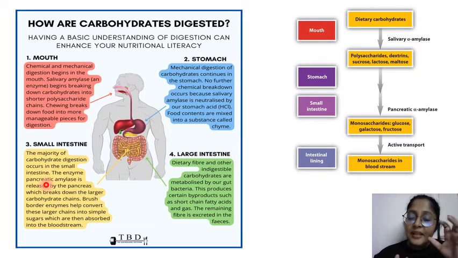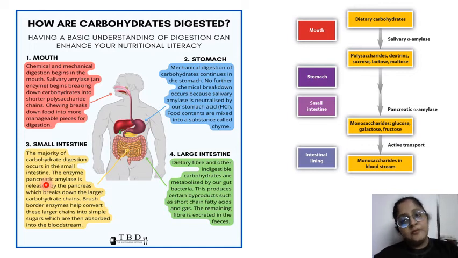So what happens, they produce certain byproducts, such as short chain fatty acids, and also some gases, and the remaining fiber, which is not digested by the large intestine's bacteria, is excreted as the feces.